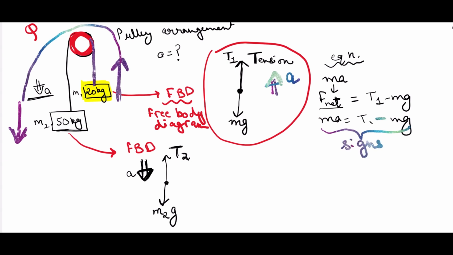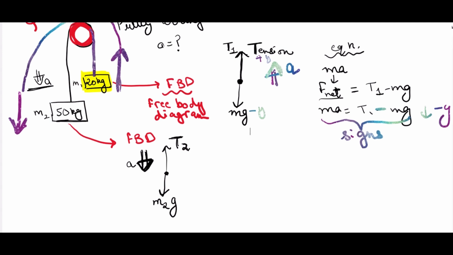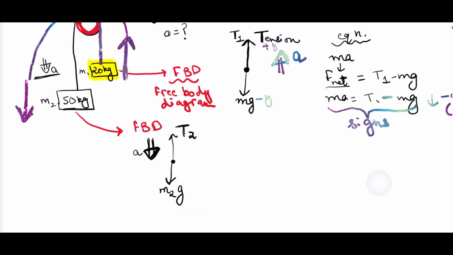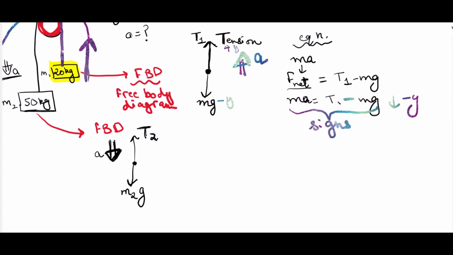And most importantly, we have to take care of our signs. Why have I written minus mg? Because mg is in downward direction. That is negative y. We can treat it as positive y and negative y. And then this is my equation. I am complete. And also my acceleration was in a positive direction. That's why I also didn't change the sign.